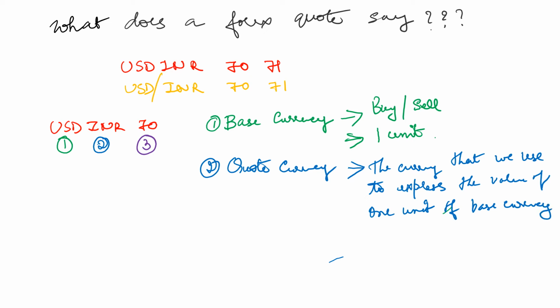In this case, we use INR, the quote currency, to express the value of 1 unit of USD. USD is 1 unit because it is a base currency, and base currency is always expressed in 1 unit.